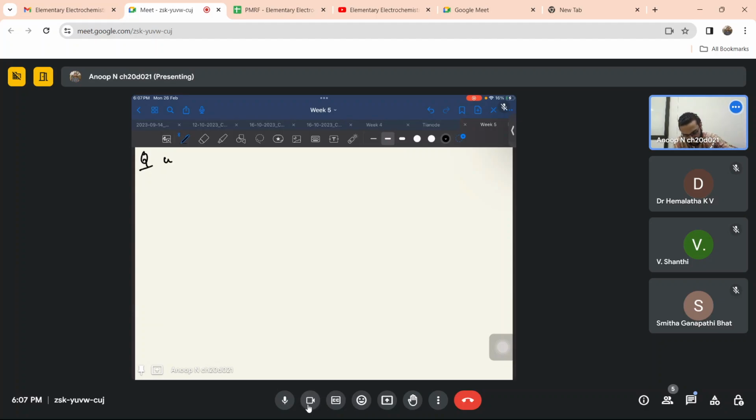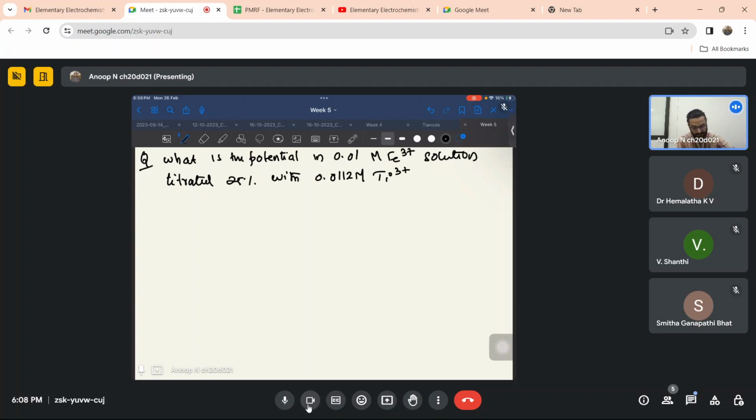So the question is, what is the potential in 0.01 molar Fe3 plus solution titrated 25 percentage with 0.0112 molar Ti4 plus?